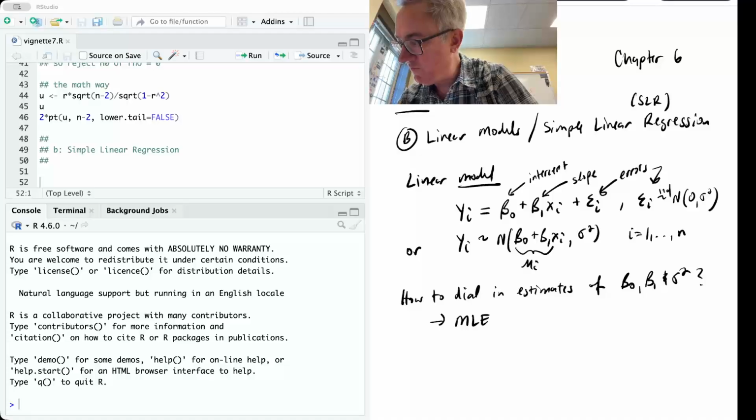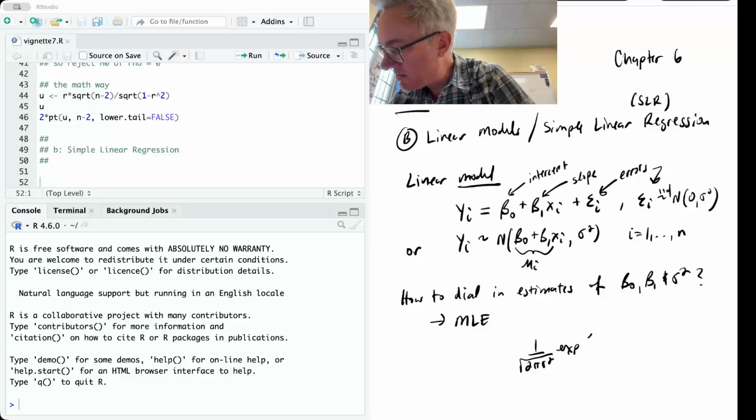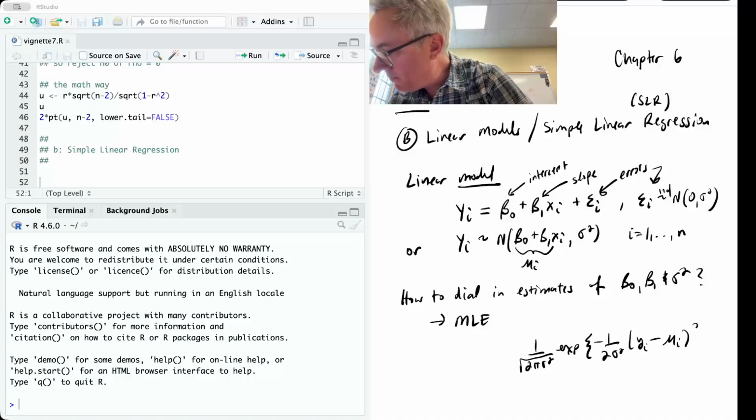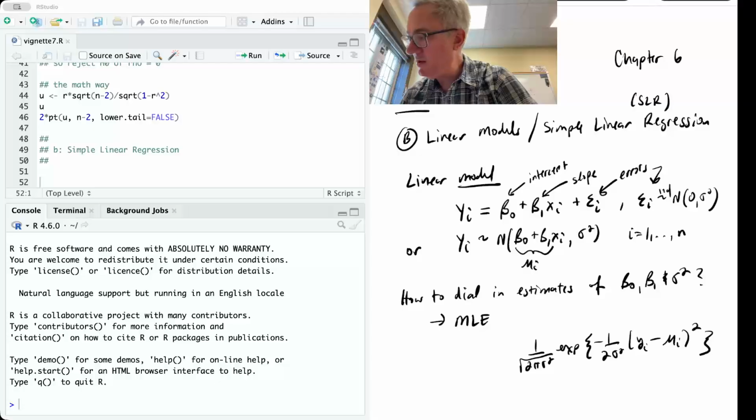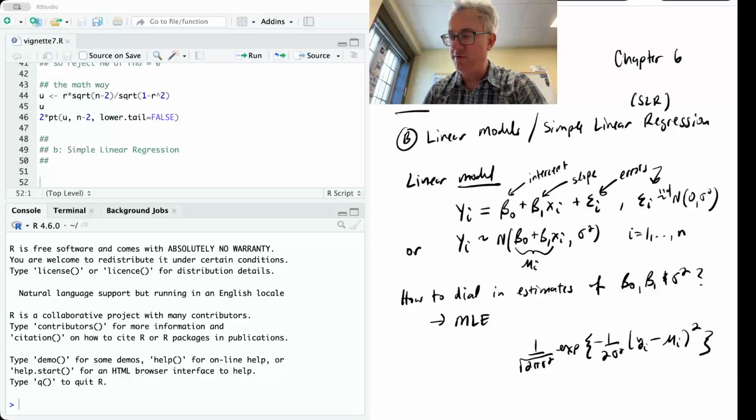So each one of these observations has a Gaussian density. So the Gaussian density looks like this. Right? So that's a PDF of a Gaussian distribution for each yi given parameter mu i.